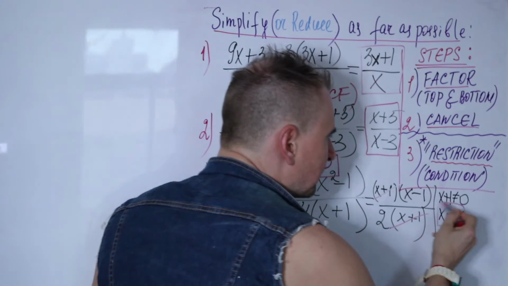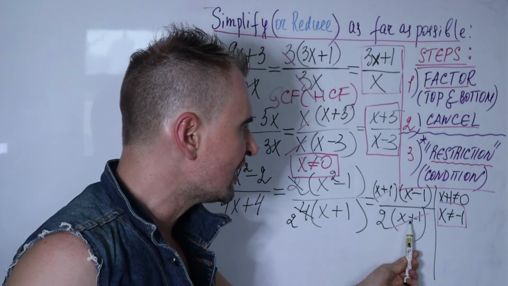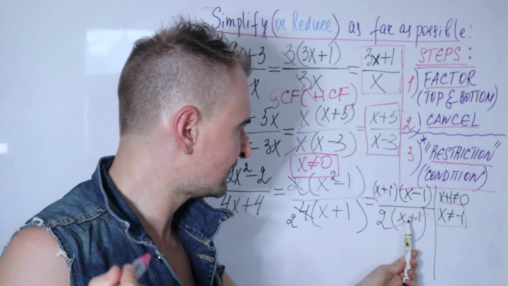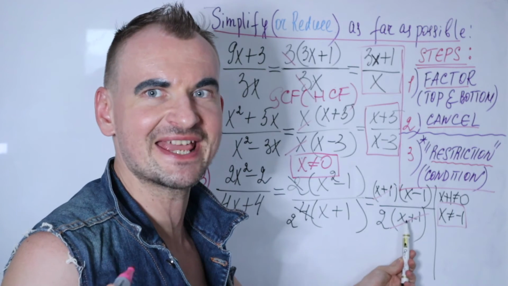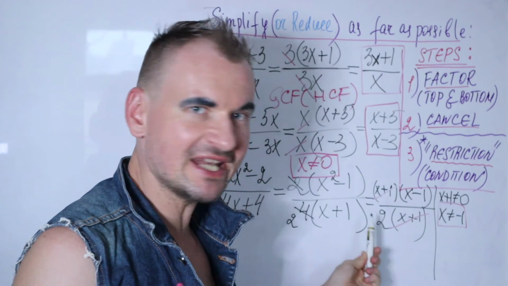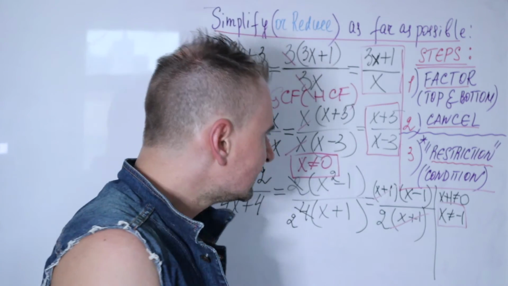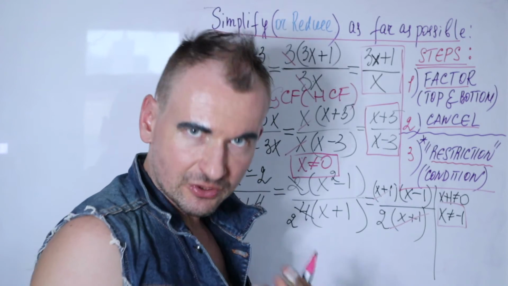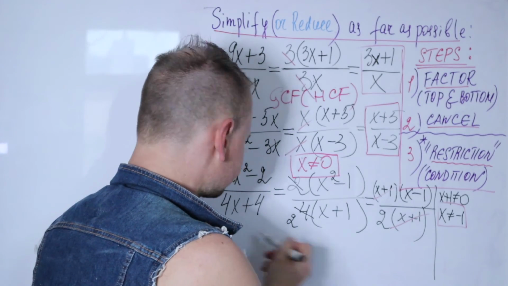Now, if you place x is -1 over here, you would have 0. Your fraction at this point has no algebraic meaning, since your denominator becomes 0.